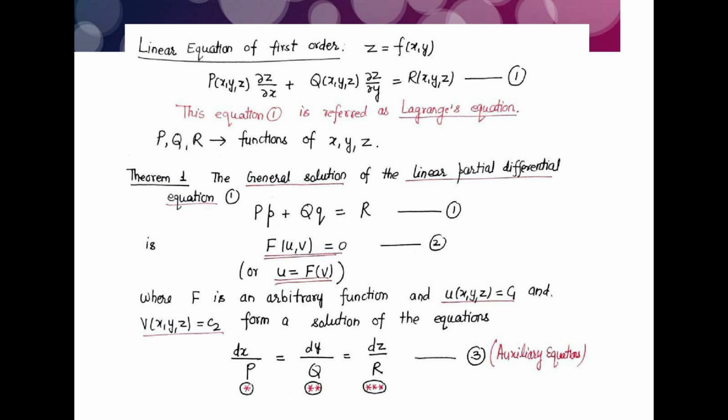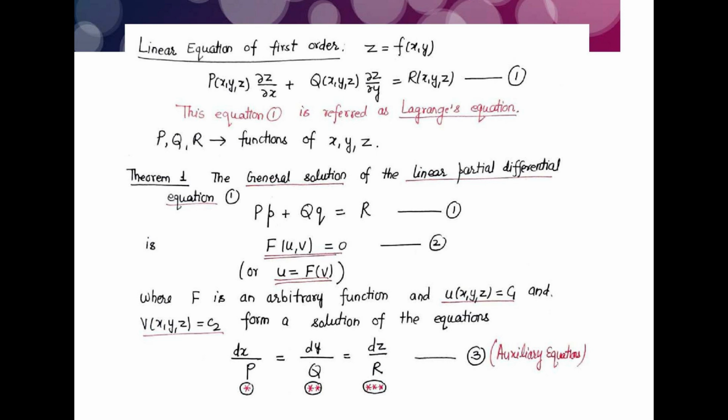Next I am discussing theorem number 1. This theorem tells us how to find the general solution of the linear partial differential equation 1. Its solution is given by equation number 2. Capital F is some function of u and v.